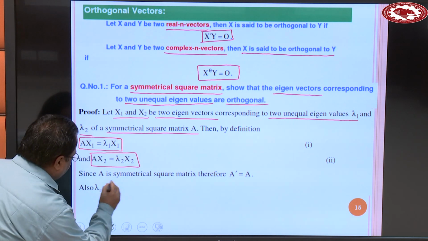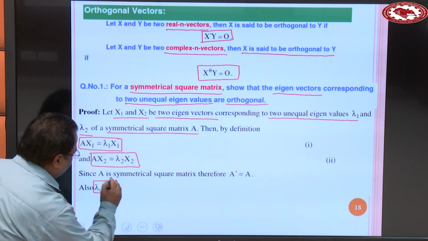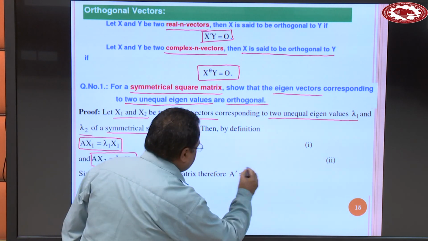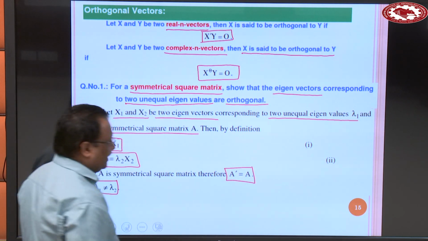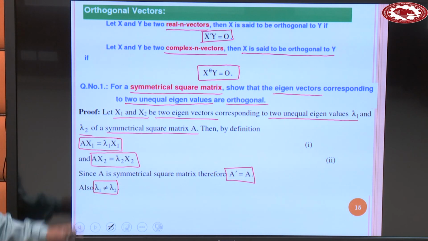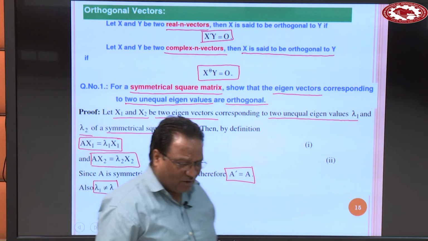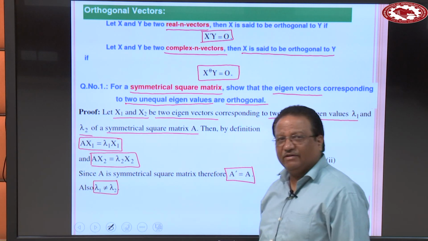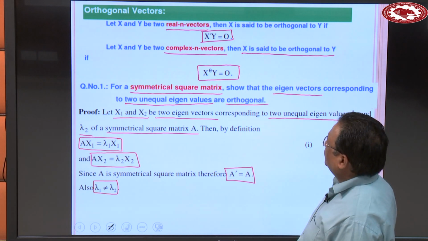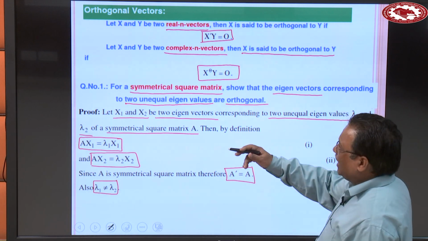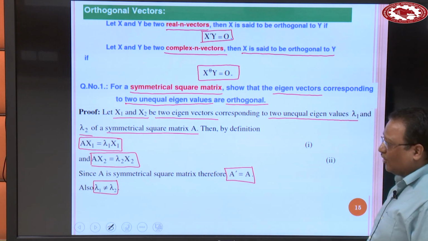Two unequal means lambda 1 is not equal to lambda 2. Symmetrical square matrix means A dash is equal to A. So all these results are given. By using all these important results, prove that eigenvectors corresponding to two unequal eigenvalues are orthogonal.